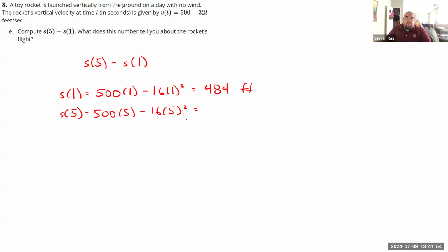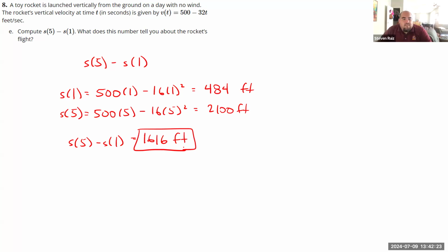All right, I'm getting 2,100 feet. So what is the difference between these two values? S of 5 minus S of 1 equals 1,616. What does this number tell you about the rocket's flight?